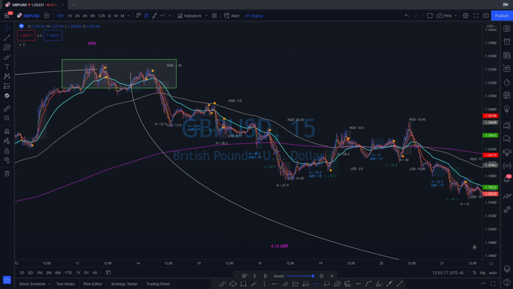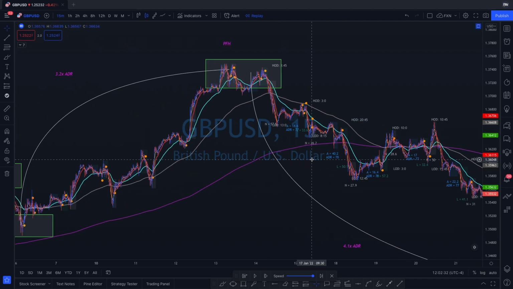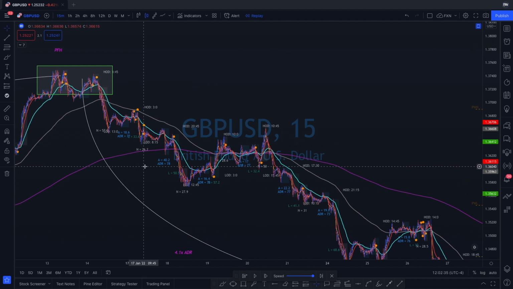So either one of those two scenarios would be something that I'm looking for, specifically for me that works best if I want to trade against a directional bias. All right, so two ways to trade against a directional bias that I would recommend, right?